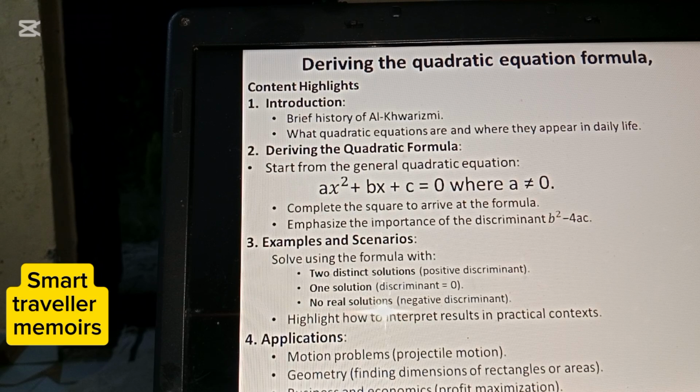Examples and scenarios. I will solve using the formula equations which give me two distinct solutions, which indicates a positive discriminant, an equation which gives one solution, where the discriminant is 0, and an equation where there are no real solutions, where the discriminant is negative.